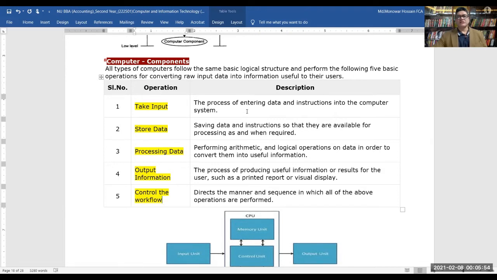Output information: the process of producing useful information or results for the user, such as a printed report or visual display. Control the workflow: directs the manner and sequence in which all of the above operations are performed.